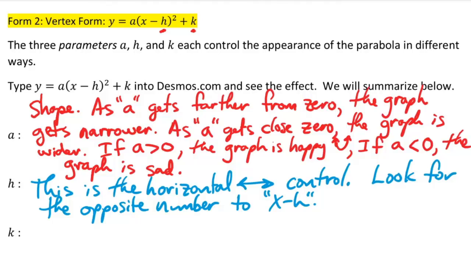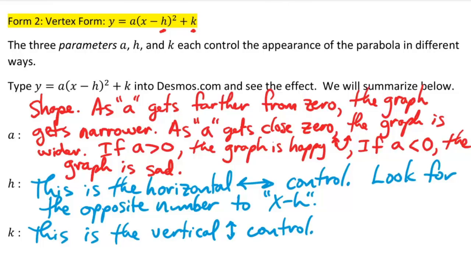Okay, and then finally, k, this is the vertical, up and down. It's like when you jump, you have a vertical leap. Whatever number you see at the end, that's how far up you're going to move the parabola.